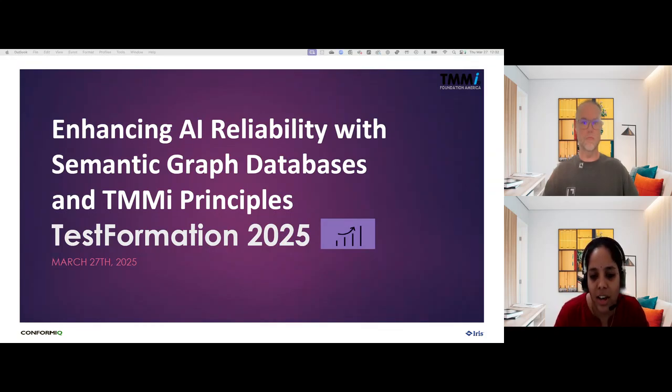Today, John will share his insights on DataSquare's advanced analytics with graphs from pilot to production. Get ready to learn how semantic graph databases can unlock the full potential of your data, reduce hallucinations, and drive trust in AI driven decision making. Let's give a warm welcome to John Bruton.